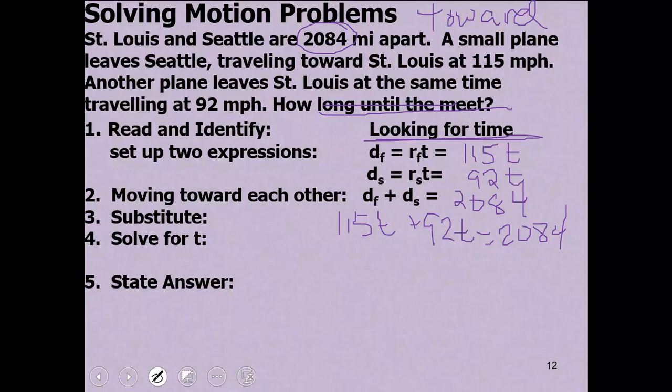So that's 207T equals 2084. So I take 2084 and I divide it by 207, and you get T equal to 10.07. I'm just going to go up to 10.1 hours.